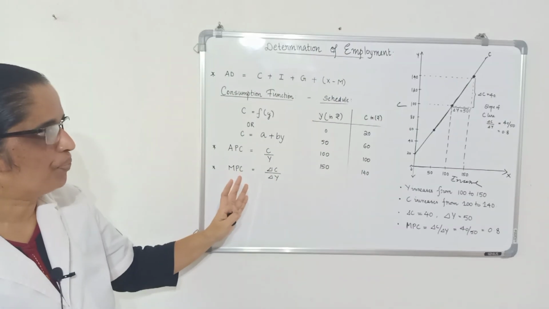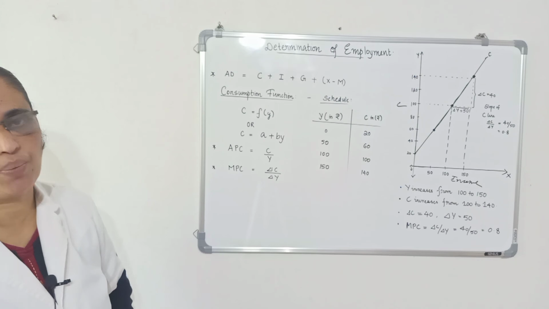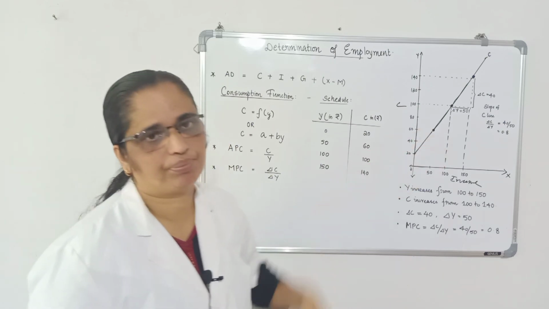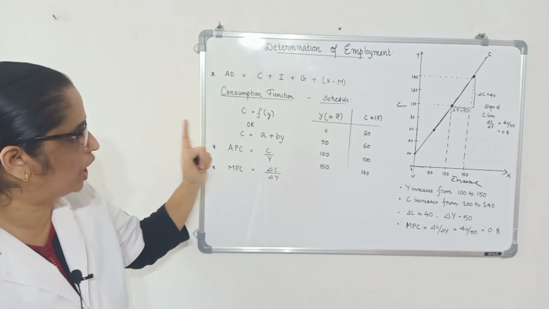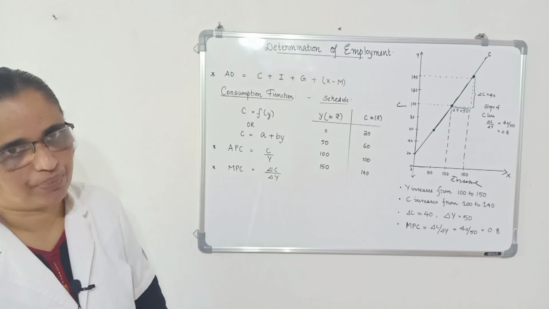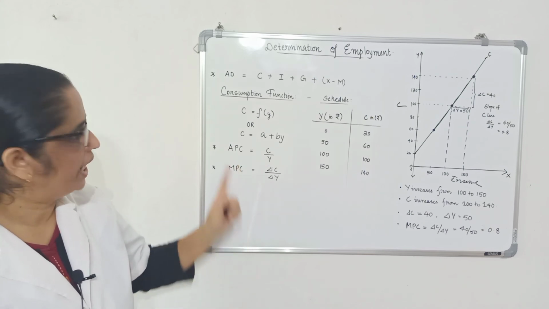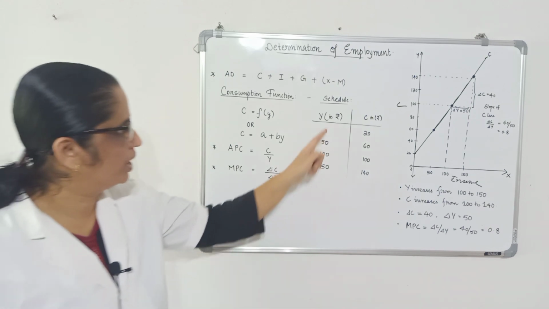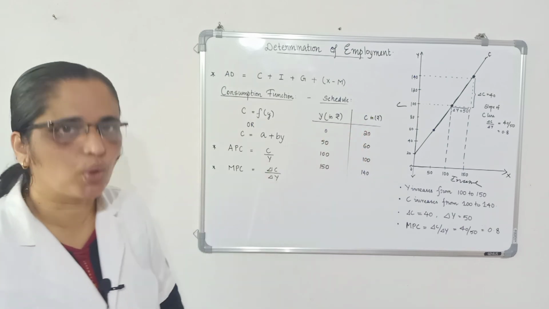So, what we studied? We studied consumption function in the form of a statement, an equation, a schedule and a diagram. Consumption function, or psychological law of consumption, or propensity to consume. APC is C divided by Y, MPC is delta C by delta Y. Autonomous consumption: income is 0, consumption is positive.